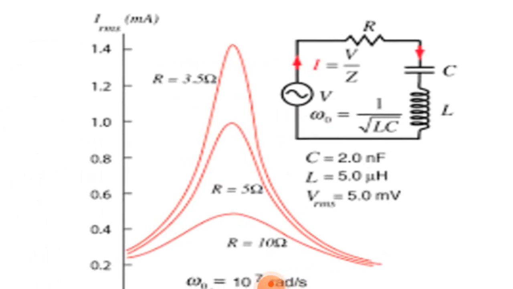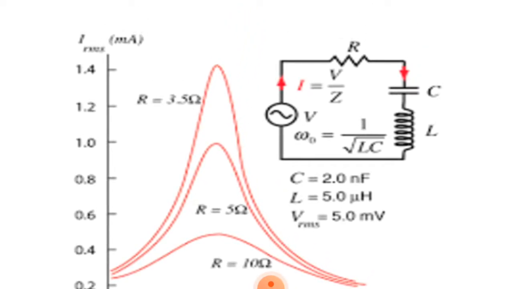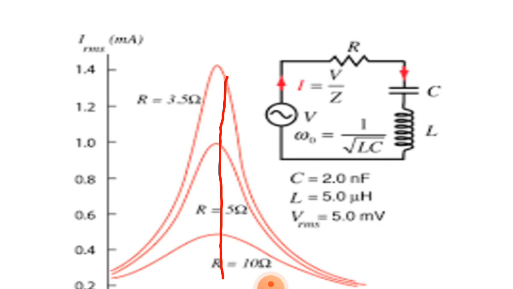If we draw a graph between maximum current along the y-axis and frequency along the x-axis, observe this graph. We are taking three different resistances: 10 ohm, 5 ohm, and 3.5 ohm. For all the cases, the values of L and C are the same. You get the peak at the same frequency, but the sharpness of the curve differs.